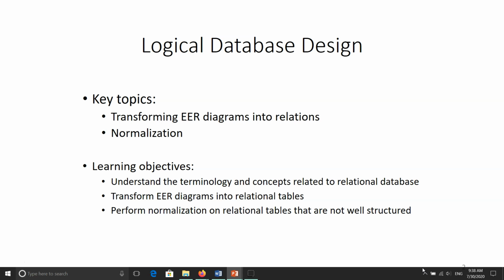Well, in a perfect world, if a database designer starts a database project from scratch, does a perfect job creating enhanced ER diagrams, and then transform the ER diagrams into relations following the guidelines perfectly, normalization may not be a necessary step because all the relations should already be well structured. However, in the real world, this is an exception instead of the norm.